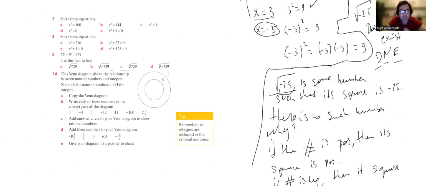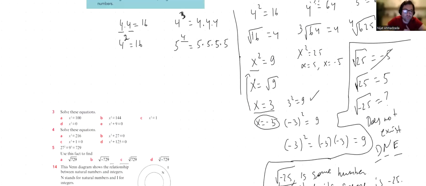But now let's look at the cube root of some negative number. Let's say the cube root of negative 125. So it looks for the number whose cube is negative 125. There is such a number. The number is negative 5. Why?